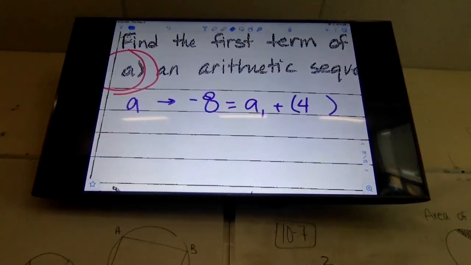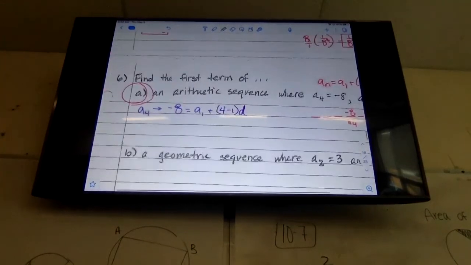A sub 4 was -8, so my fourth spot is -8. So n is 4. So I'll do 4 minus 1 times d. Everybody's okay so far? Great question. It is the fourth spot. I said a sub 4 is -8, so that means that my n is 4.